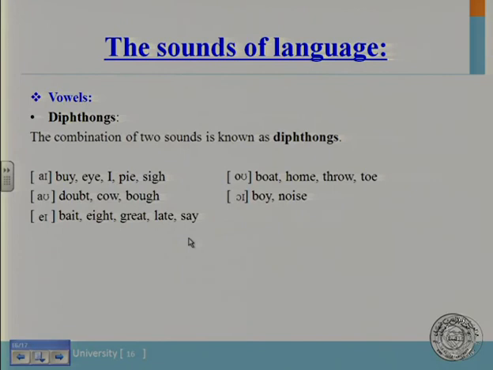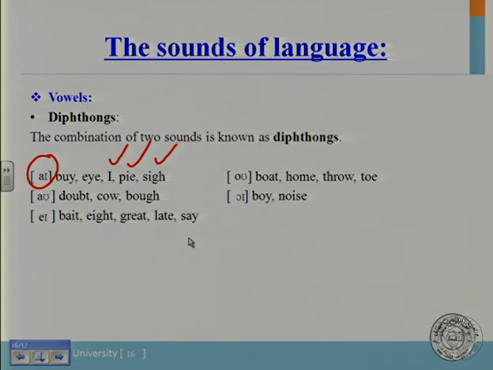For example, if I use two vowels like a and e, as in I, by, pie, sigh. Here, it's not only one sound, it's a combination of two sounds, which is called a diphthong.